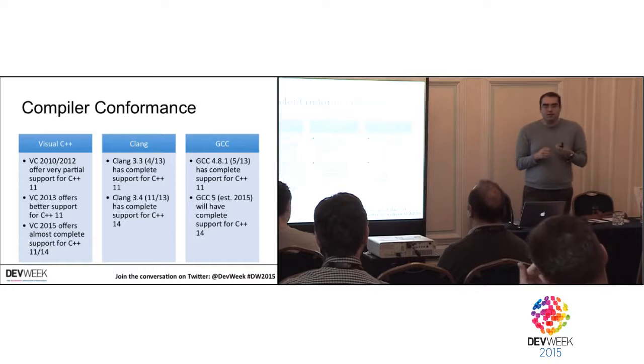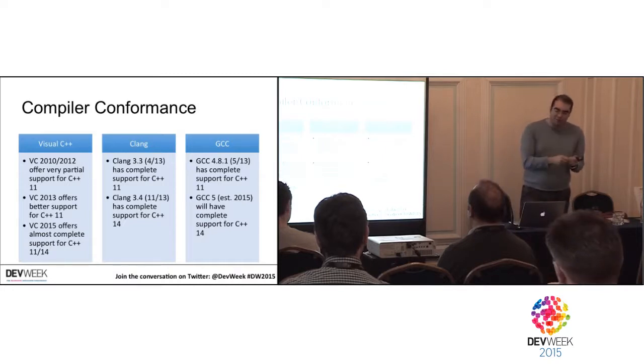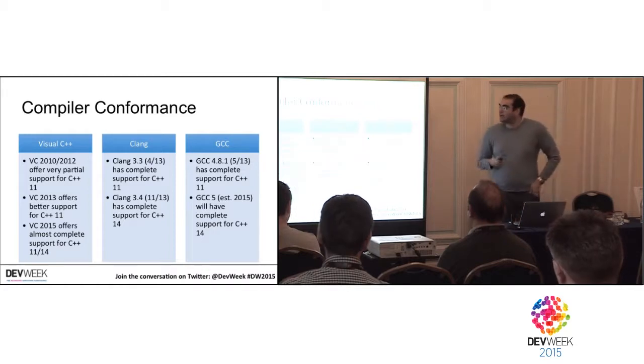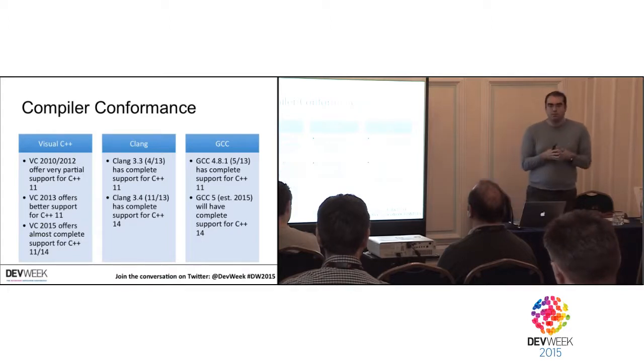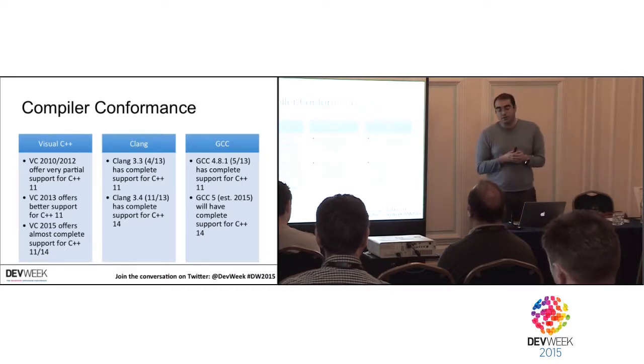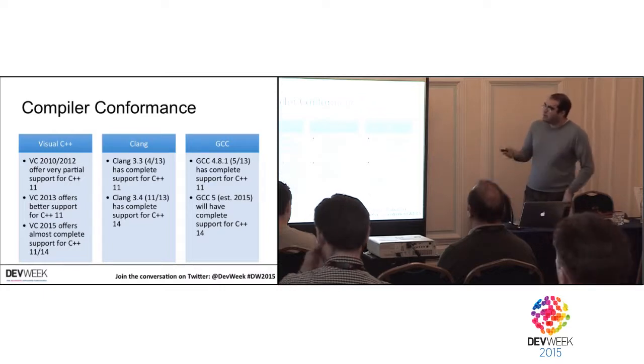There's lots of things that changed in the standard after Visual Studio was released, so obviously they didn't keep up with the standard. Plus, the implementation was partial to begin with. So if you are still using 2010, you should probably not be relying on those new standard features. You should be transitioning to a newer version of Visual C++.